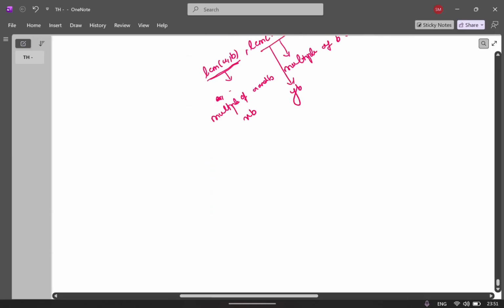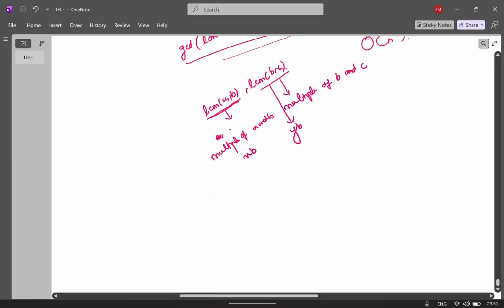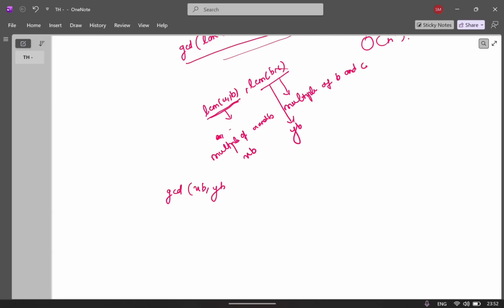So what do we get now? GCD of XB comma YB is equal to GCD of A comma C.